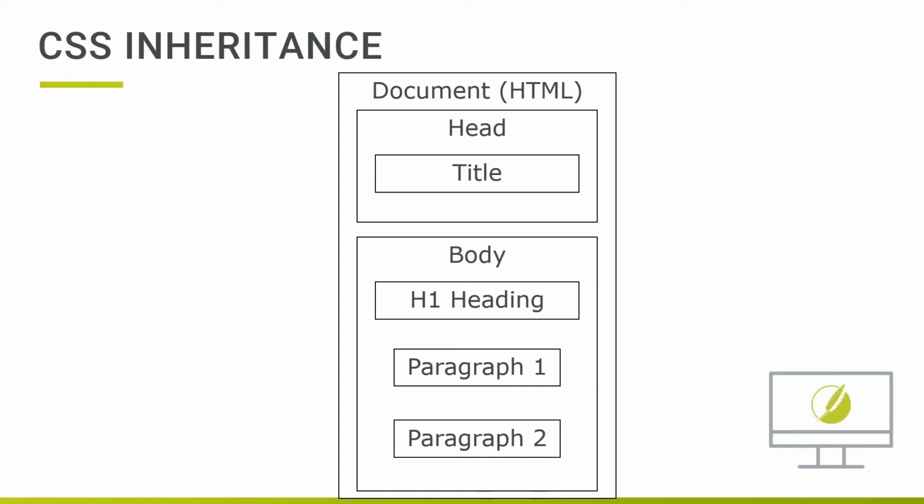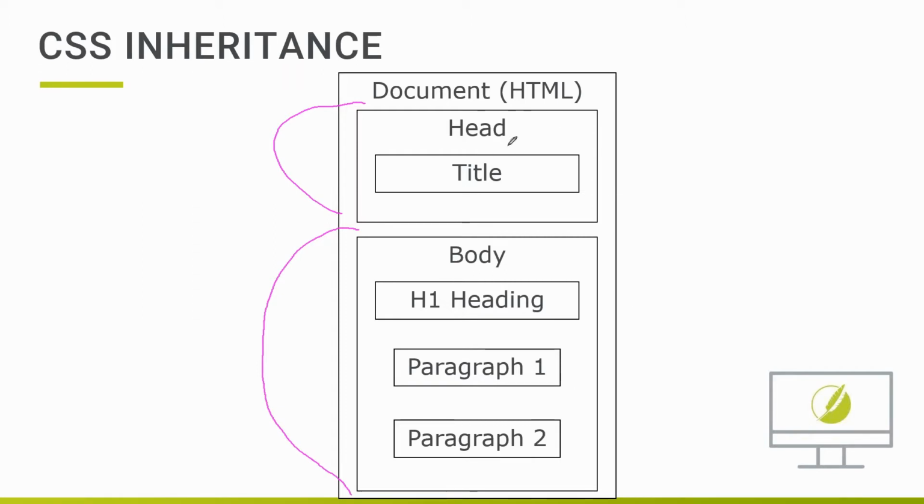Now, I've tried to create kind of a graphical representation of a very tiny little fake topic. And again, I'll use my crummy lack of art skills here. But most pages have two major sections. There's the head area and there's the body area. Basically, body is what you can see in the browser.